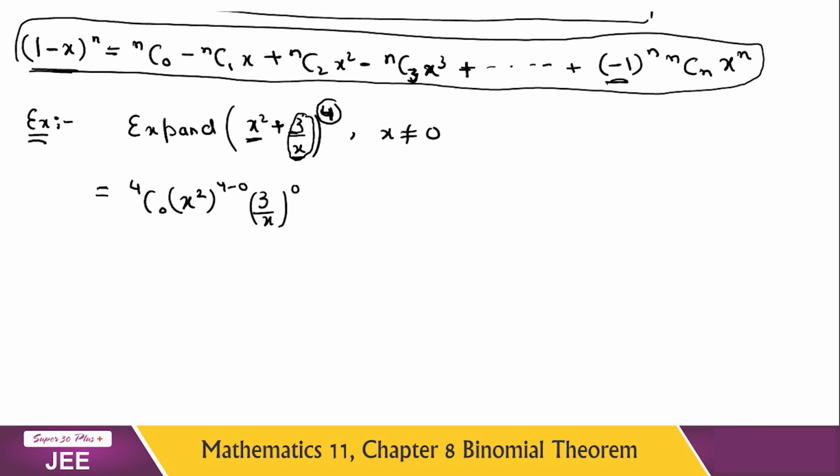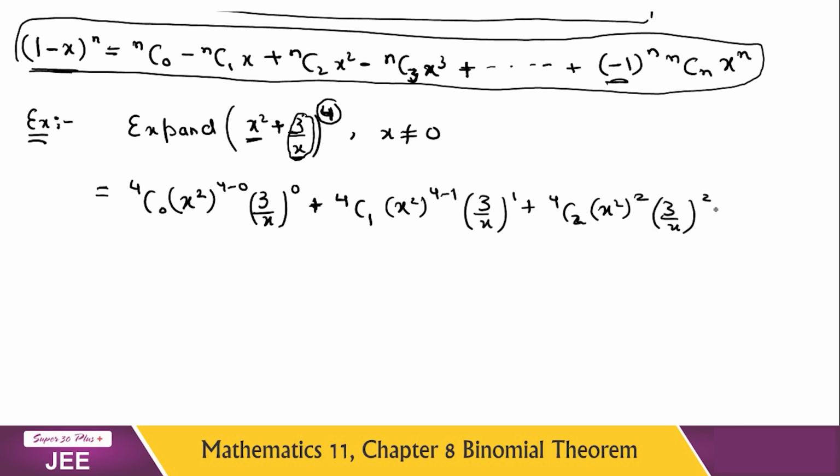Alright, now next term will be 4c1 x square raised to the power 4 minus 1 and 3 by x raised to the power 1. Next term will be 4c2 x square raised to the power 4 minus 2, that is 2, and 3 by x raised to the power 2.